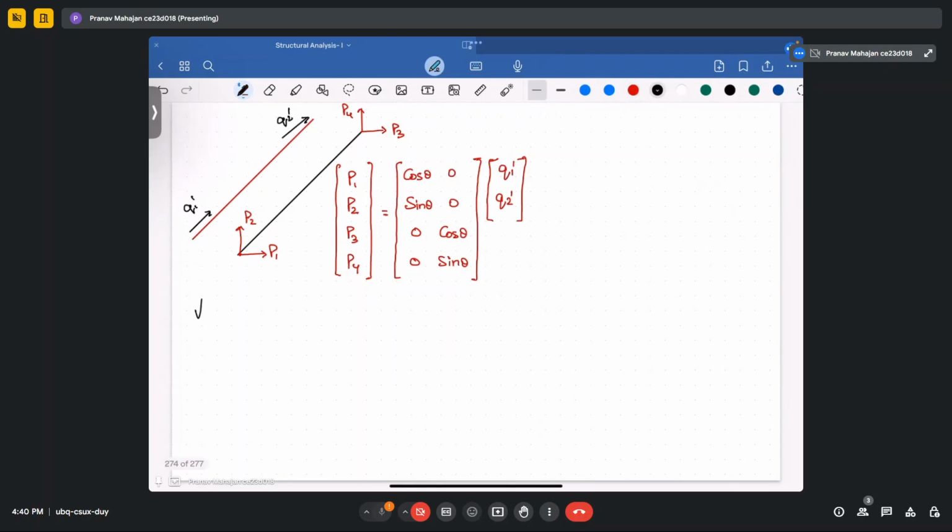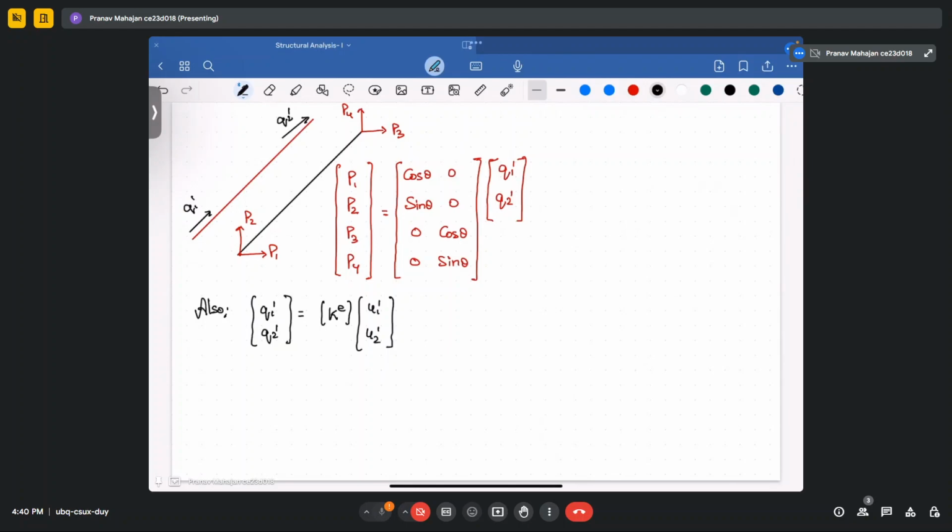But we also know Q1 and Q2, as we previously derived, depend on Ke, the local stiffness matrix, multiplied by u1 dash, u2 dash, which are the local deformations.